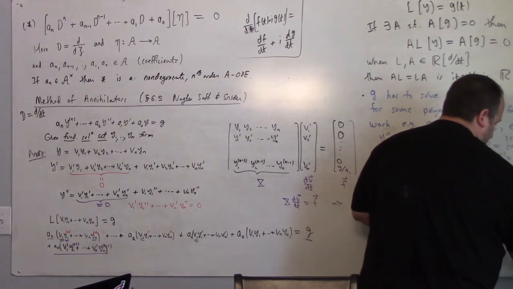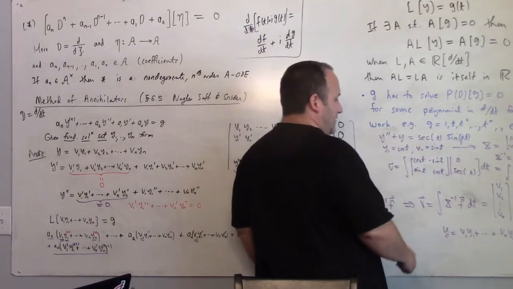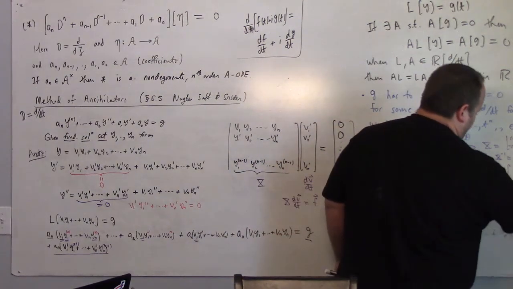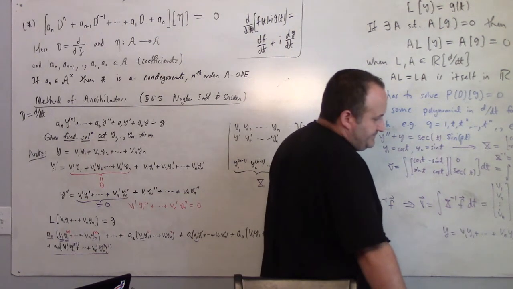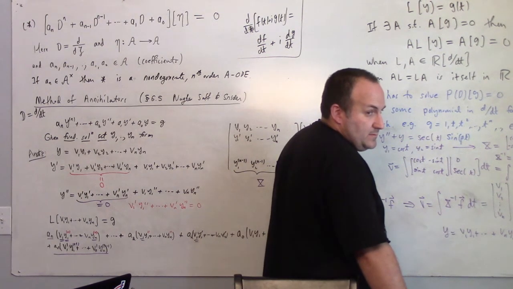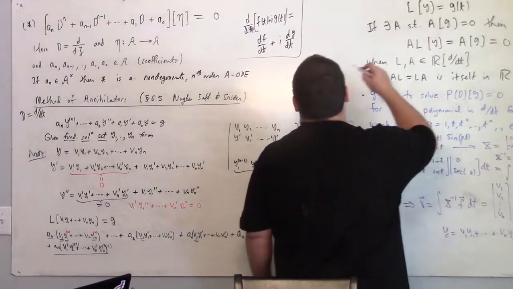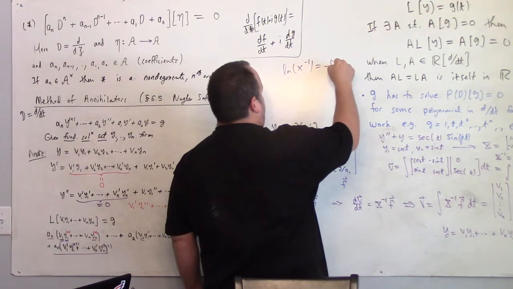Are you sure it's cosine t? I got secant t on my paper. If you put a minus out front, it becomes secant. Minus log secant is the same as log cosine. It's just that log of x to the minus 1 is minus log x.